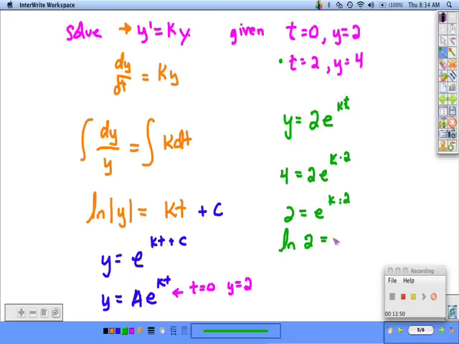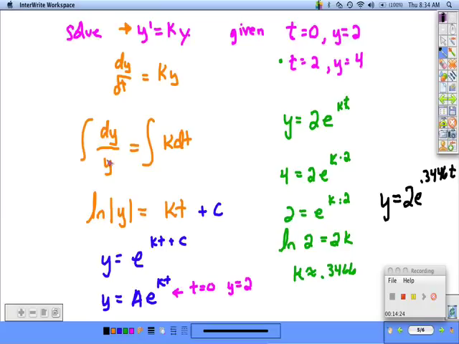So natural log of 2 equals 2k. So k is approximately 0.3466. Now we know the exact form of our equation. Y equals 2e to the 0.3466 times t.